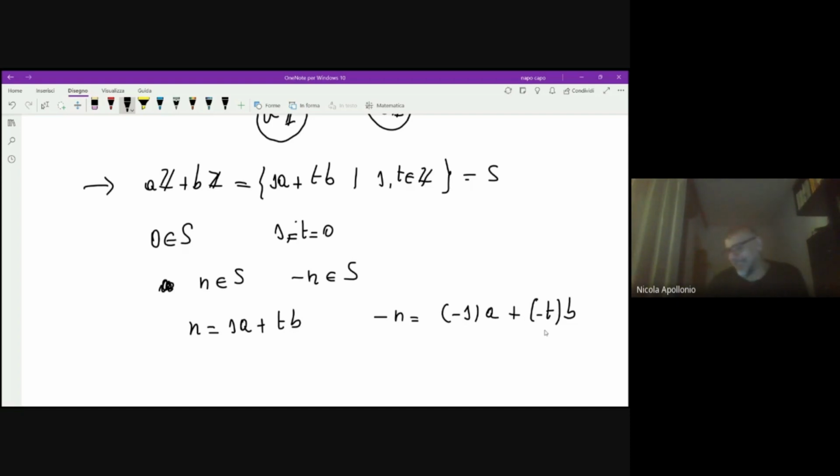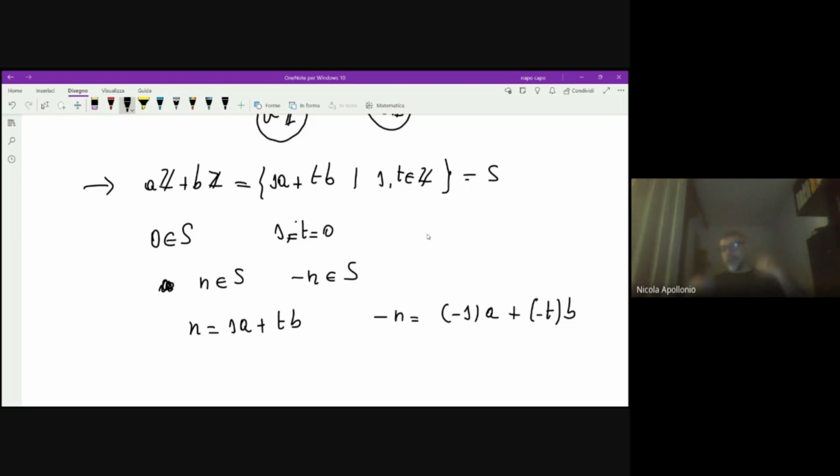We already saw that the multiples of A are in the set of linear combinations, the multiples of B are in S, so the multiple of any element of S is in S. So S is closed with respect to taking the negative, the opposite, and taking multiples.